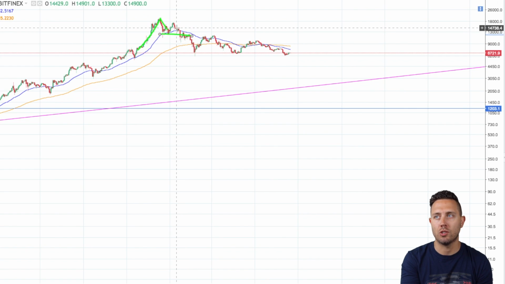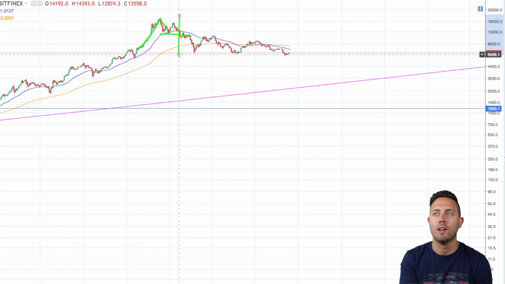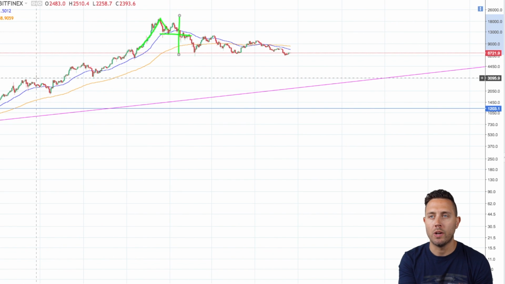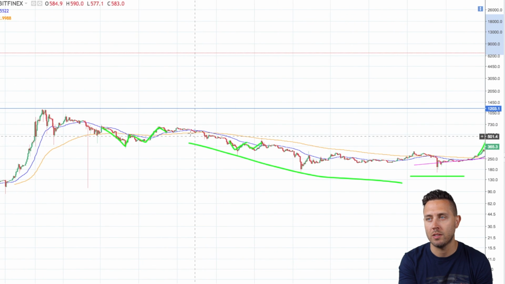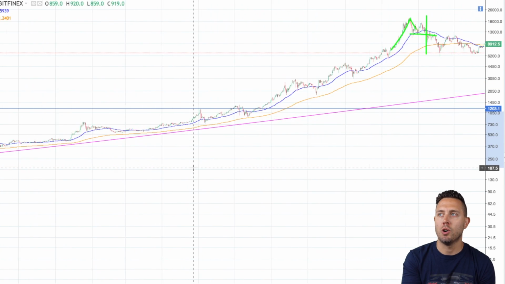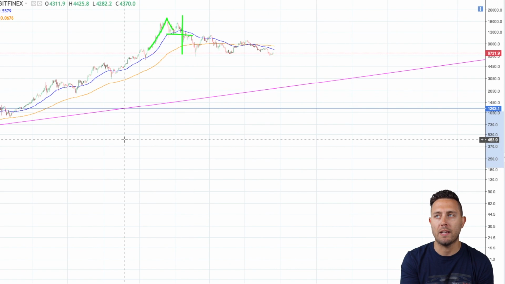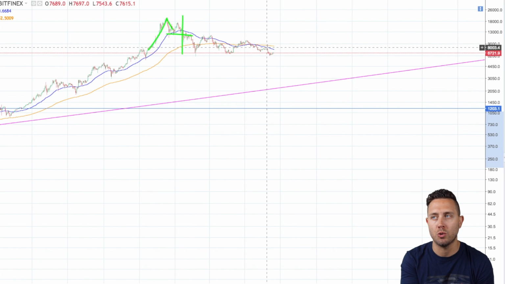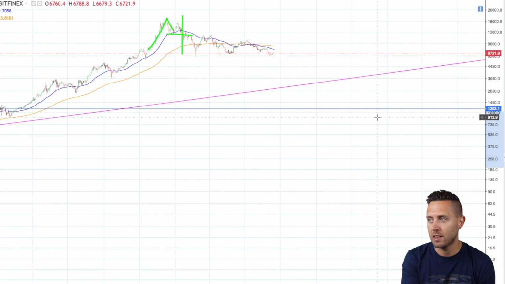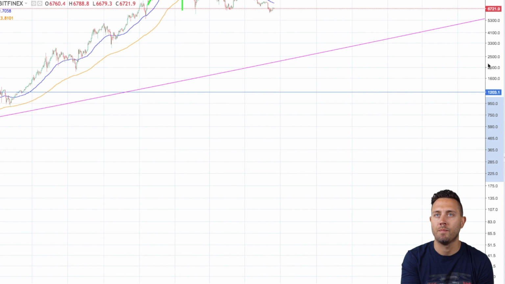And now we've entered below the 50 EMA, which is very reminiscent of the bear market when we entered below the 50 EMA there. Also happening at the same time is we obviously had that 50 EMA cross below the 200 EMA, which is indicative also of a bearish market.